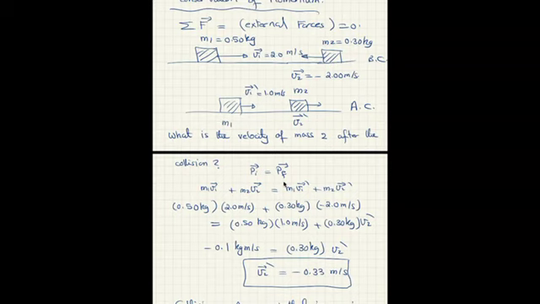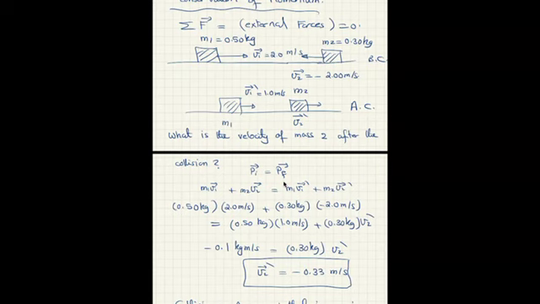Okay, now I can say, of course, P initial equals P final, and then M1 V1 plus M2 V2 equals M1 V1 prime plus M2 V2 prime. Then I will substitute my values: 0.5 times 2 plus 0.3 times -2 equals 0.5 times 1 plus 0.3 times V2 prime.